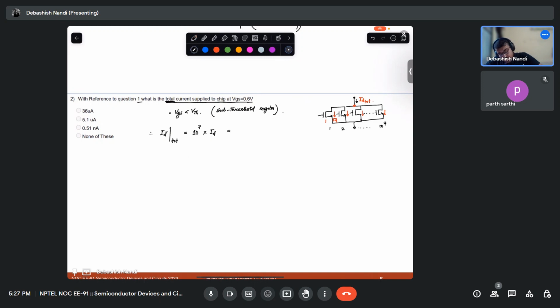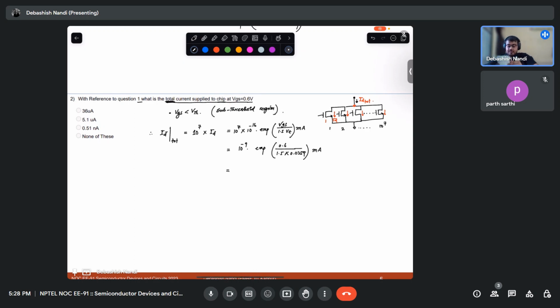So it will be 10 to the power 7 times 10 to the power minus 16 times exponential VGS over 1.5 VT, in milliampere. So it would be 10 raised to minus 9 times exponential 0.6 over 1.5 times 0.0259, in milliampere.